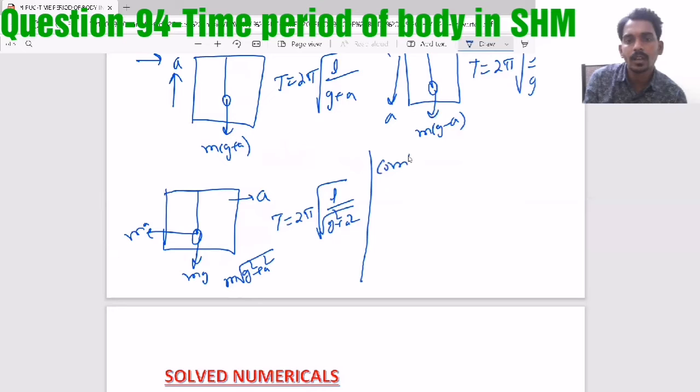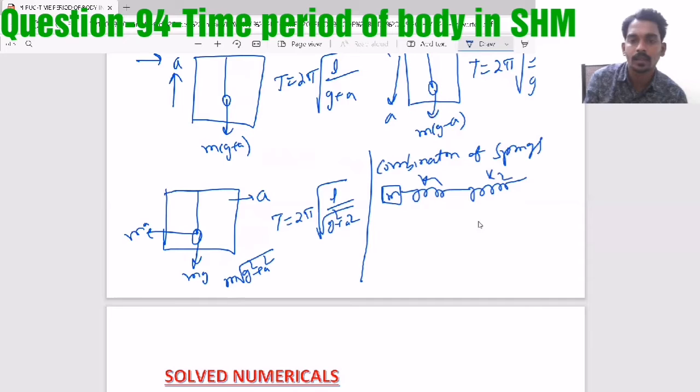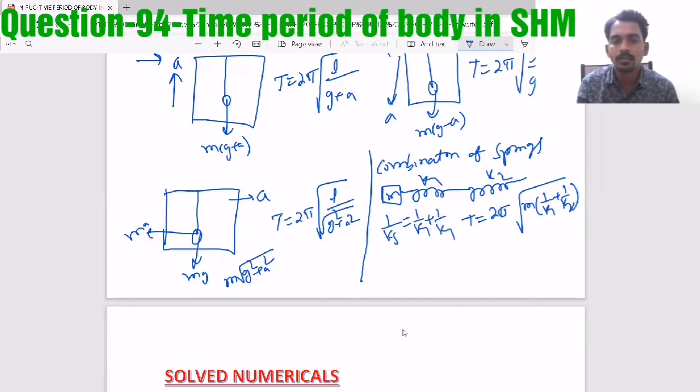Also, combinations of springs they can ask. Like when there is a mass m with one spring attached and another spring attached in this manner, then the time period equals 2 pi root of m into (1 by k1 plus 1 by k2), because in series connection the effective spring constant is 1 by ks equal to 1 by k1 plus 1 by k2.